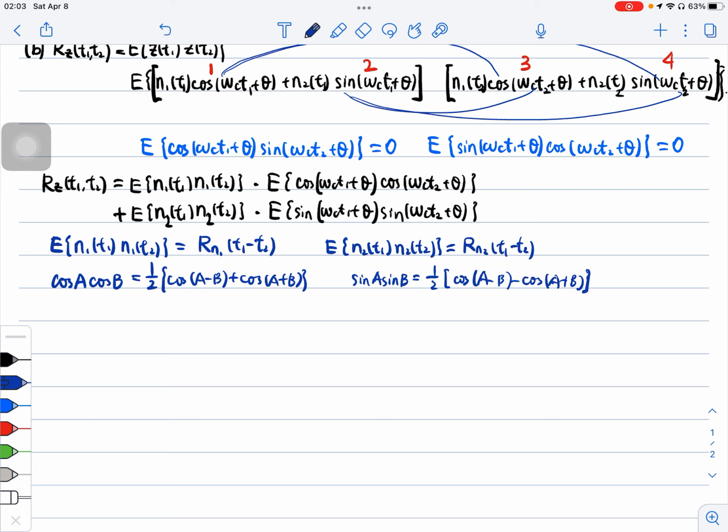As theta is uniformly distributed over 0 to 2 pi, we know that the expectation of cosine(omega_c (t1 plus t2) plus 2 theta) is 0.